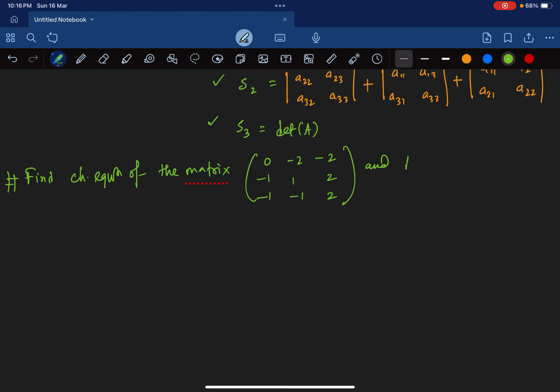Find characteristic equation of the matrix and determine eigenvalues. Okay, so let's try to solve this question.